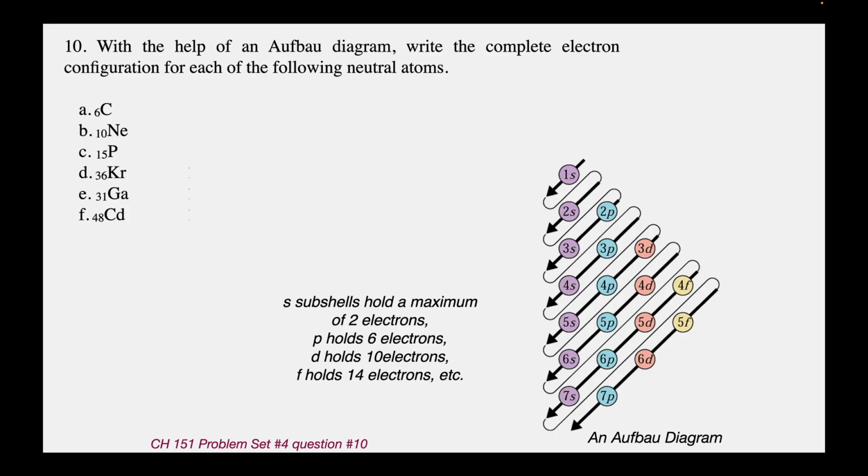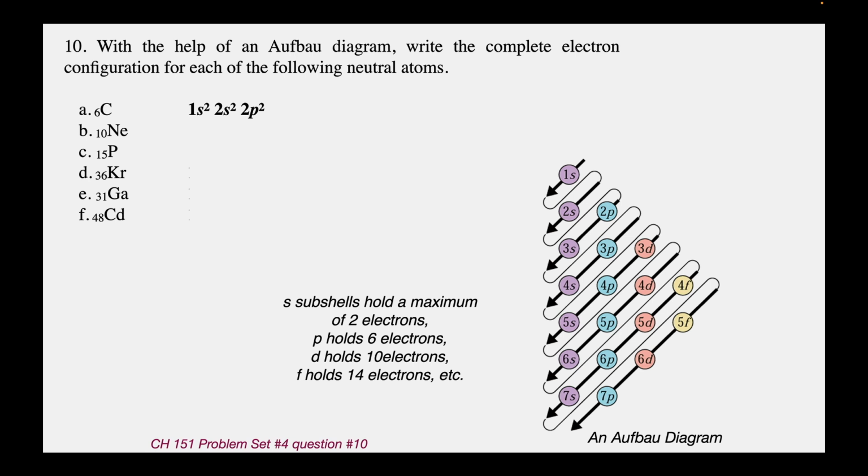2s orbital. 2s holds up to 2 electrons as well, so we'll have 1s2, 2s2, representing the first 4 electrons, and then the 5th and the 6th electrons won't fit in the 2s, so we go to the next one, which is 2p, and 2p's hold up to 6. So we'll have 1s2, 2s2, 2p2 for our electron configuration for carbon.